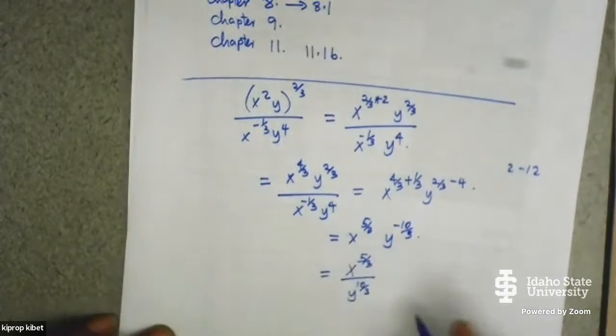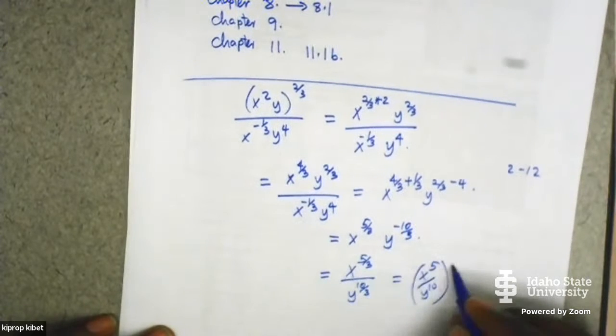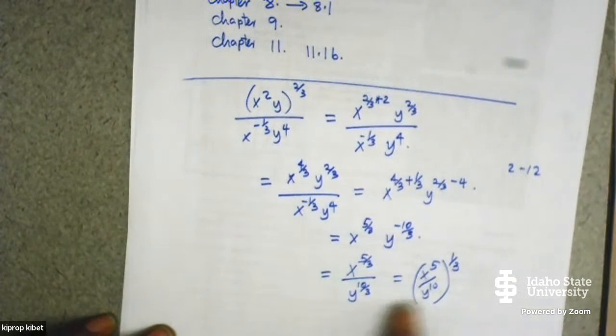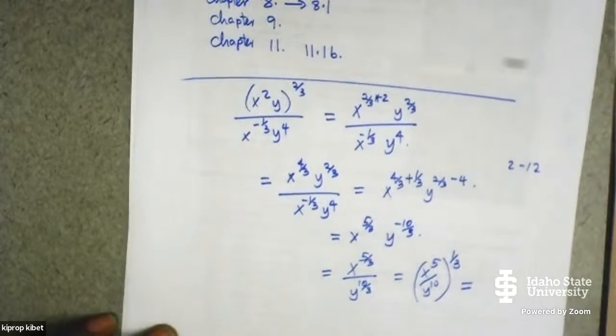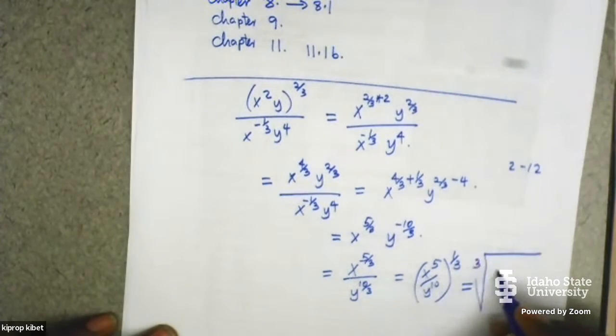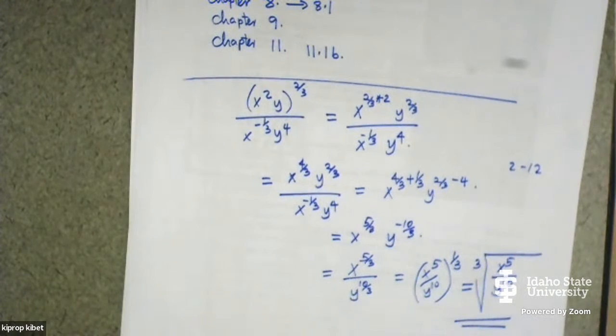We can still write this as x raised to 5 all over y raised to 10, all this raised to 1 over 3. And we can write this in radical form as the cube root of x raised to 5 all over y raised to 10. So that is the radical.